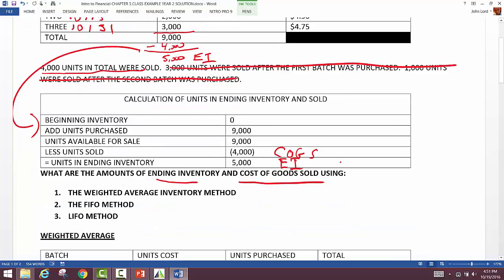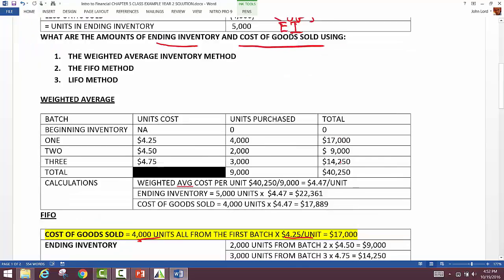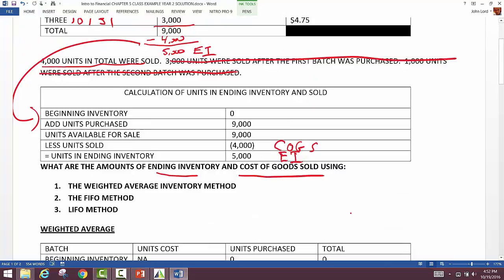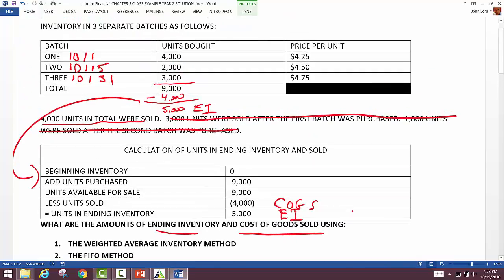So calculating cost of goods sold is a piece of cake. We take the 4.25 and it's all 4,000 of those units. They're all gone now. How many did we have left in ending inventory? We had the 5,000 left, and when we cost those out, 2,000 of those are at 4.50. How do I know there were 2,000 at 4.50? Because you look back up at the table, and that was the 10-15 batch.